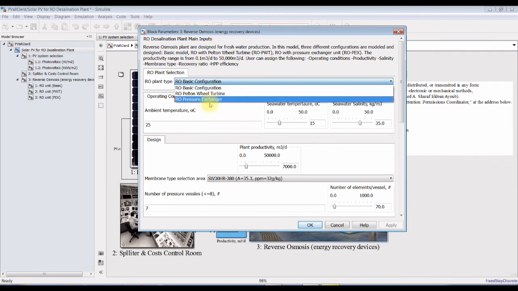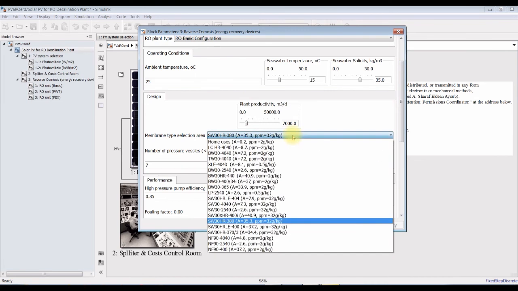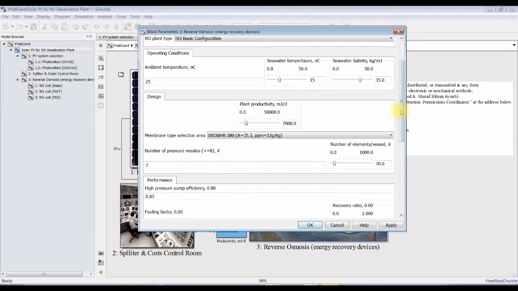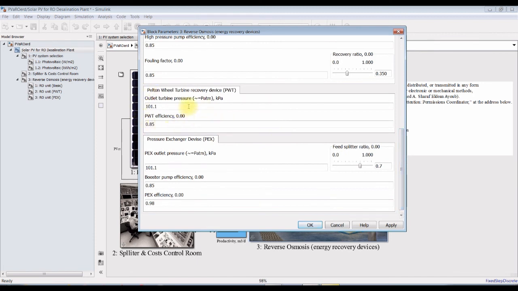What is the configuration we are going to deal with? Some operating conditions, some design, membrane type according to the target productivity, the performance of the pumps and turbine, some aspects related to Pelton turbine, and the same for pressure exchanger.